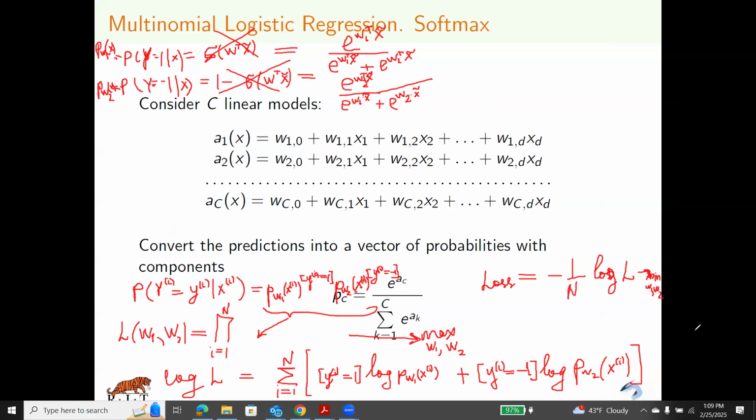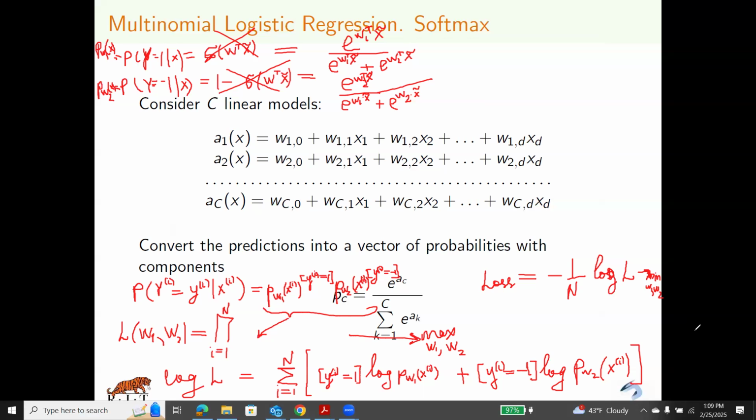So if you think about this function, you will notice that only one of these terms is not zero, because true label is 1 or negative 1. So at least one of these terms will be 0.